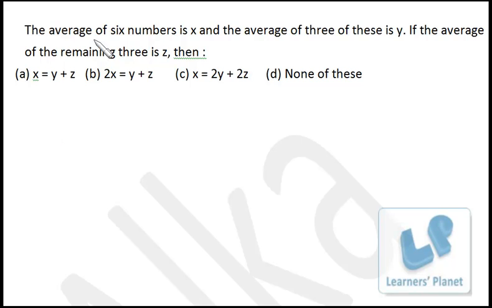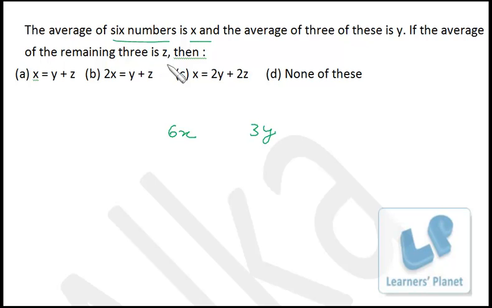Now the average of 6 numbers is x and the average of 3 of these is y. If the average of the remaining 3 is z, then what? So the average of 6 numbers is x, that means the total must be 6x, right? Average of 3 numbers is y, that means the total of these 3 numbers is 3y.